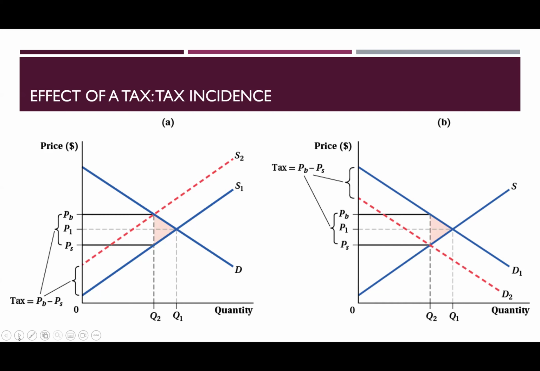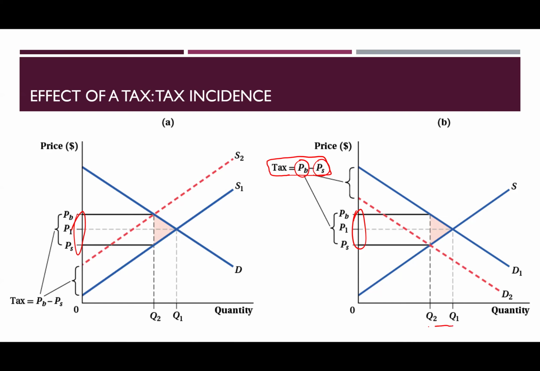What I hope you're noticing between these two graphs is the effect is the same. That disparity between the price that buyers pay and the price that sellers receive is the same in both graphs because the size of the tax is the same. And note here that tax is defined by the difference in the price that consumers pay and the price that sellers receive.